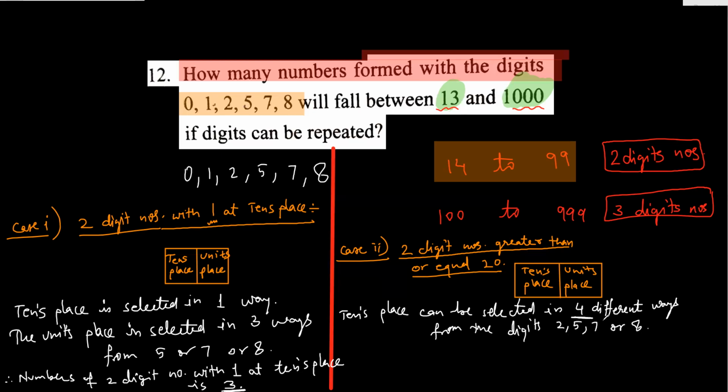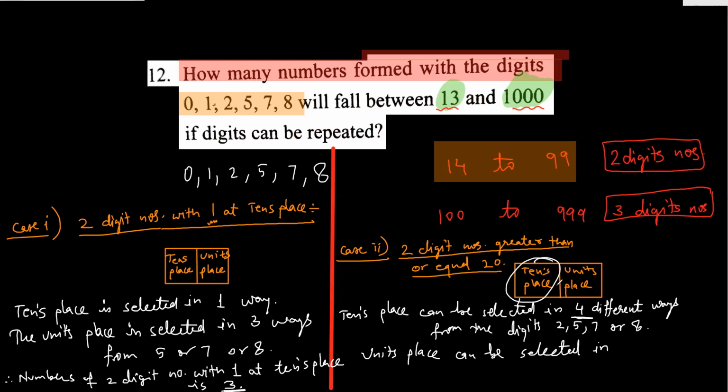4 ways. Then, my dear students, after tens place, you have units place. Now, see, units place can be selected in. See here, students, the tens place you selected in 4 different ways. Okay, and the repetition is allowed. So whatever you are selecting at tens place, you can still have the same digit here.